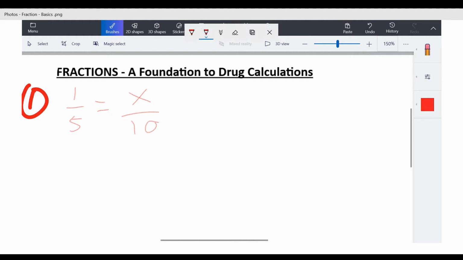So the question now is, what do we do to get x? The basic thing to keep in mind is cross multiply.